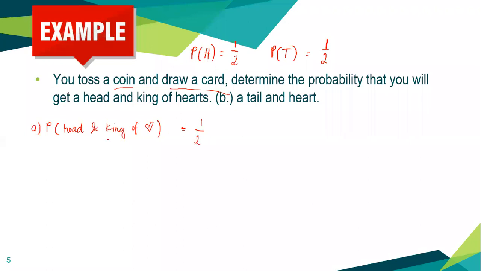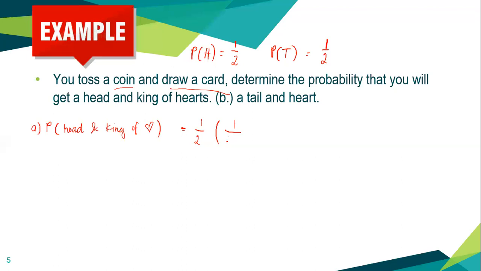How about the probability of king of hearts? Ilang king of hearts meron sa baraha? We have 1. Tama? Isa lang king of hearts ang meron tayo sa baraha natin. So we have 1 here. Then again, ilan ang total outcome sa baraha? Ilan ang cards sa baraha? We have 52.